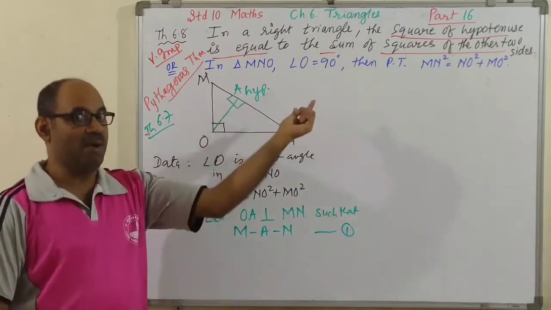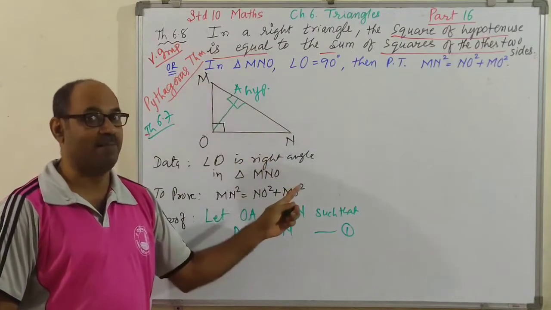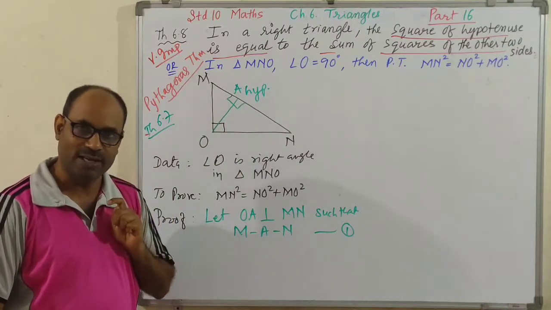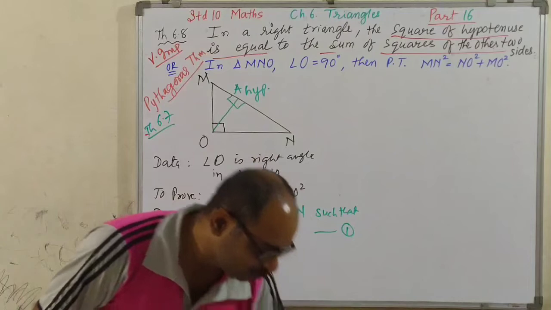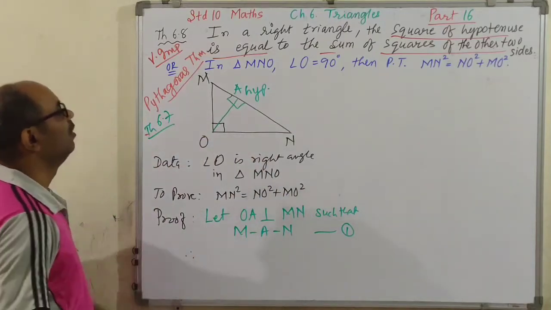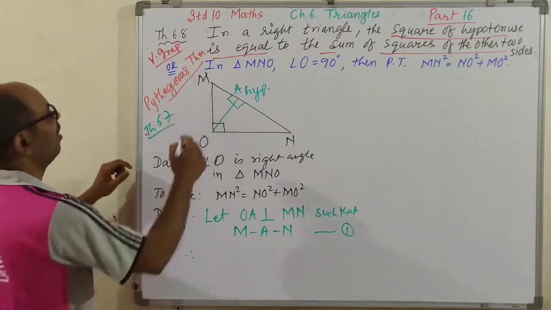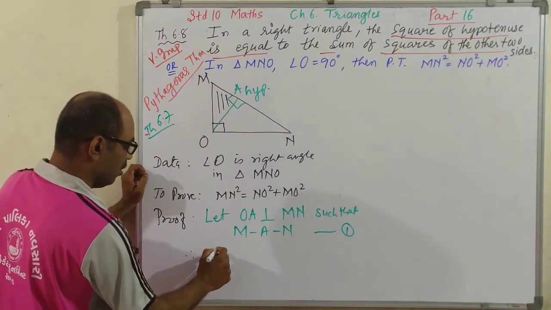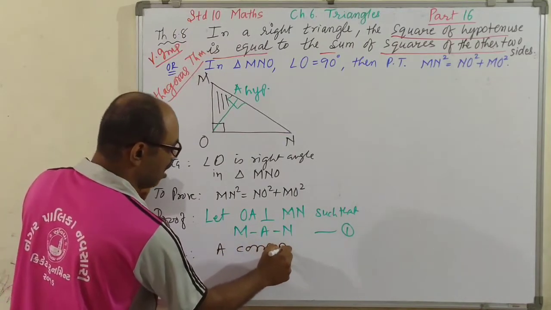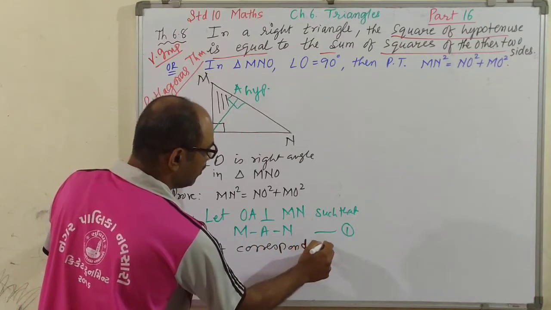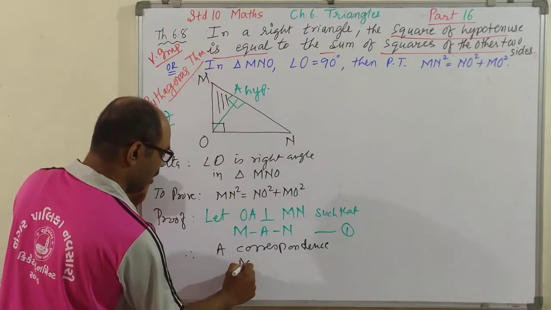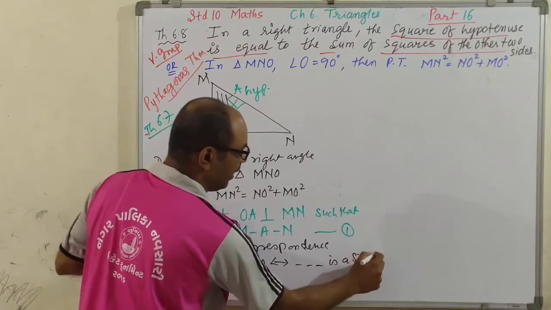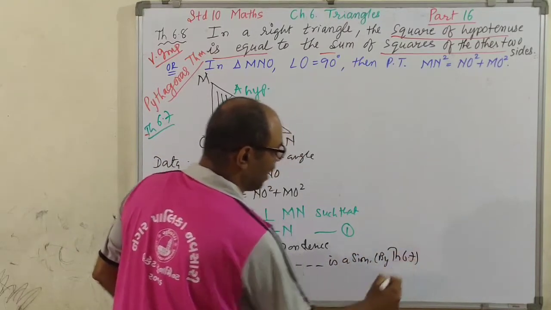We first drew a perpendicular, drew an altitude on the hypotenuse, we drew a perpendicular on the hypotenuse of the right angle triangle. Okay, check. Now, therefore, tell me, which triangle? I'm going to talk about this triangle and the original triangle. Therefore, a correspondence, MNO corresponds to dash dash dash is a similarity by theorem 6.7.